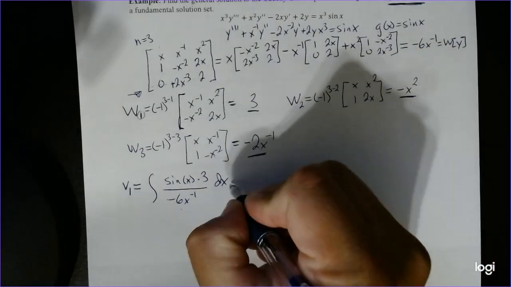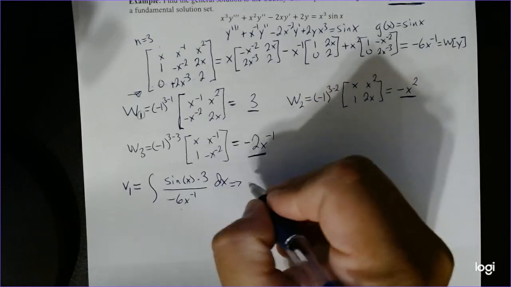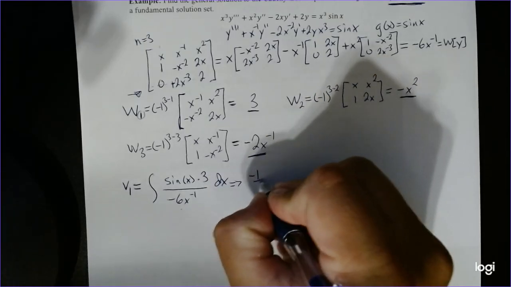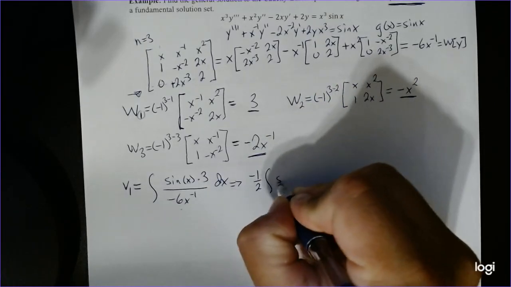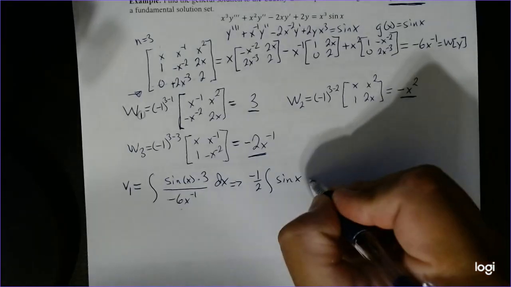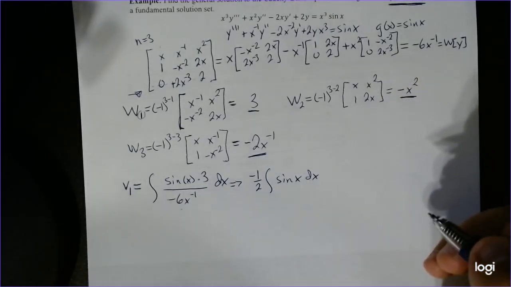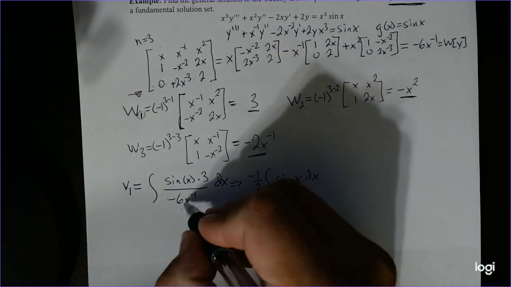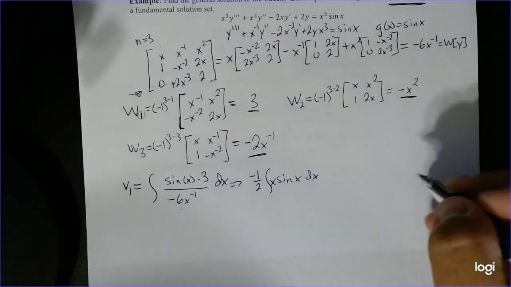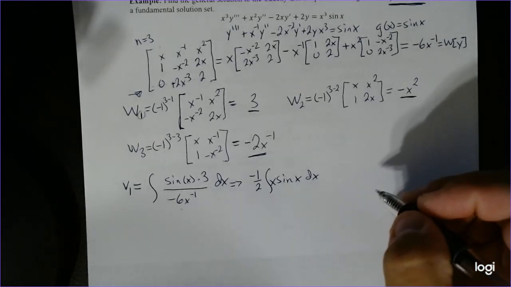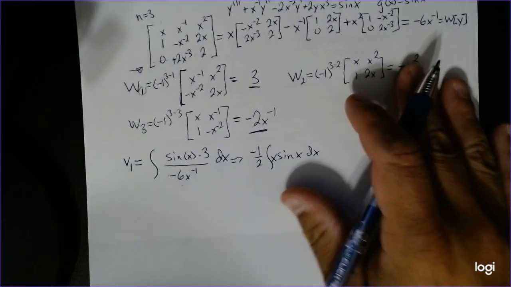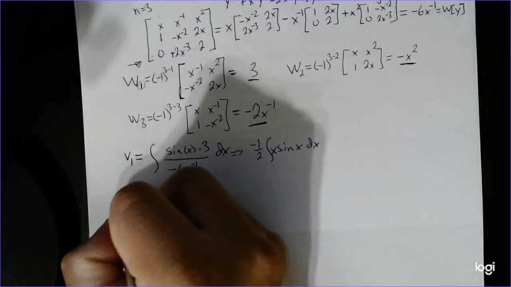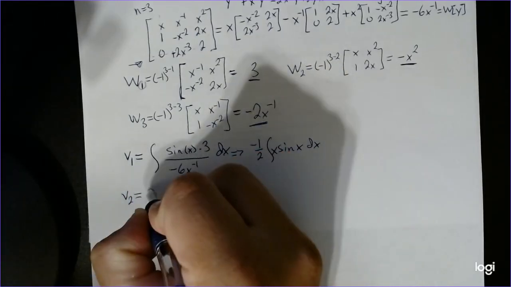Which is great because this actually ends up simplifying just to negative 1 half integral of just sine x, which is really nice to do, right? Oh, actually, and then bring this up there, which is not so fun. This is integration by parts. Okay. So let me just rewrite the other ones as I go along.